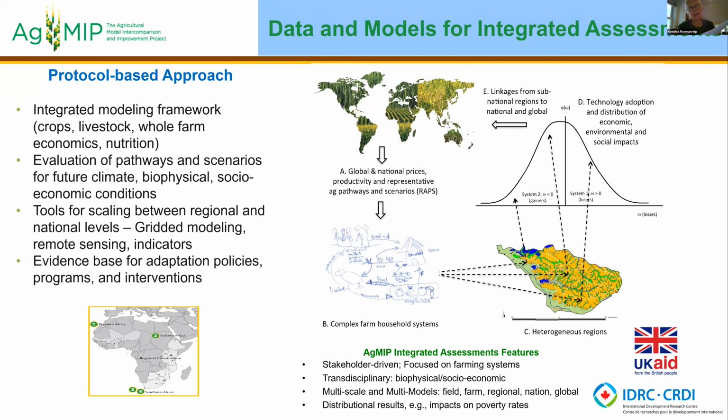But when we go to the regional scale, we go right down to the farming system scale. That's the wonderful diagram, which was created by the daughter of one of our team members in a previous iteration of the project.